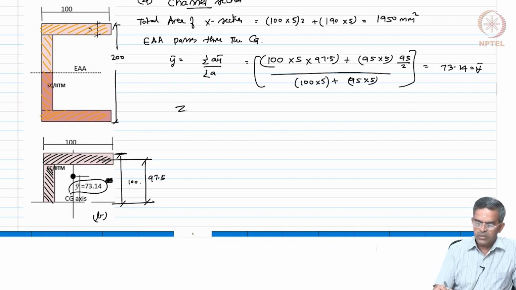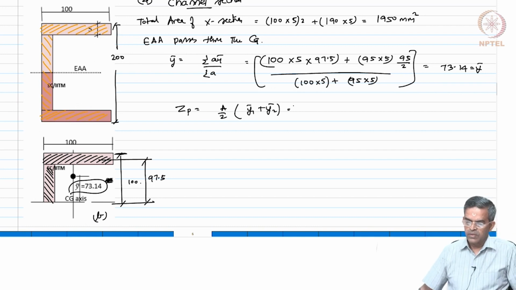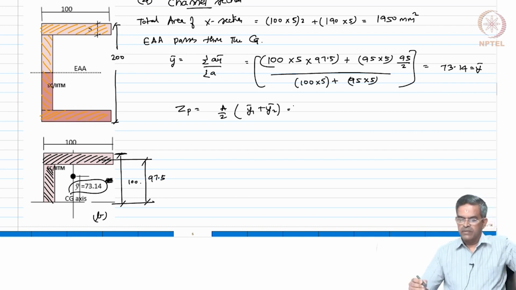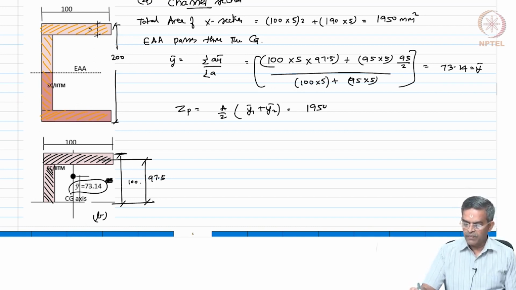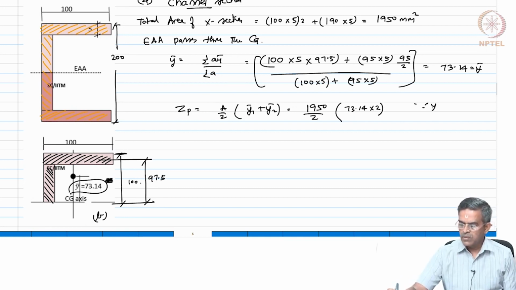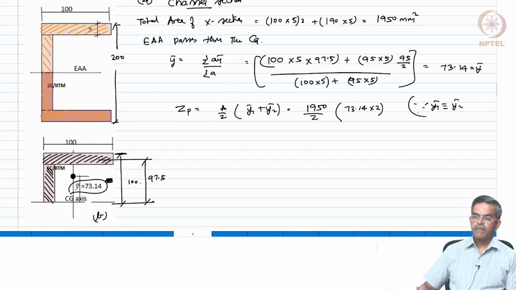Now I can work out Zp, which is A by 2 (y bar 1 plus y bar 2). Area is already there, so I can simply say it is 1950 by 2, 73.14 into 2, because y bar 1 and y bar 2 are identical.